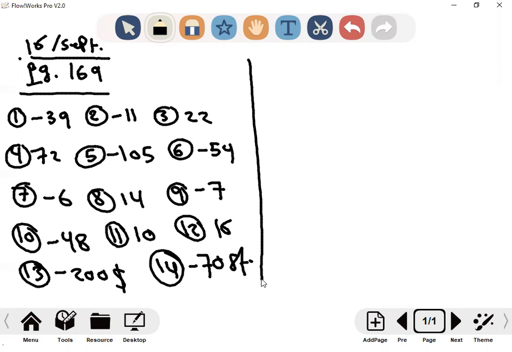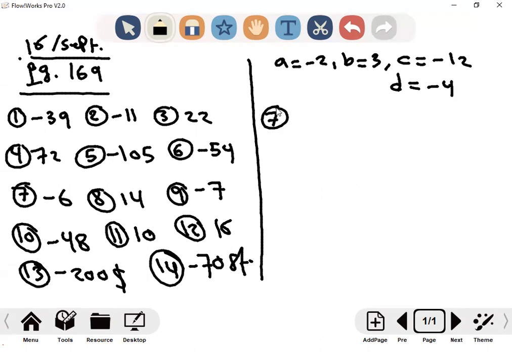Good. Now in question 7, we have A, how much? -2. B is 3. C is -12, right? And D, how much? -4. Now in question 7, they want us to calculate BD over A plus C. What's the first step we said?